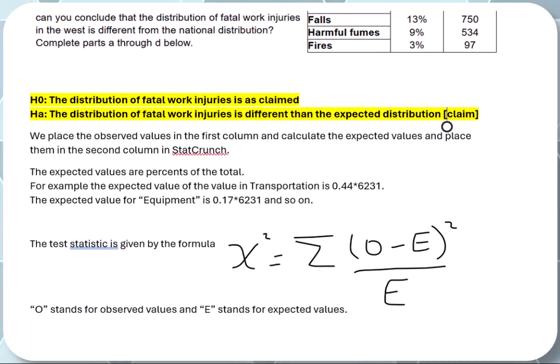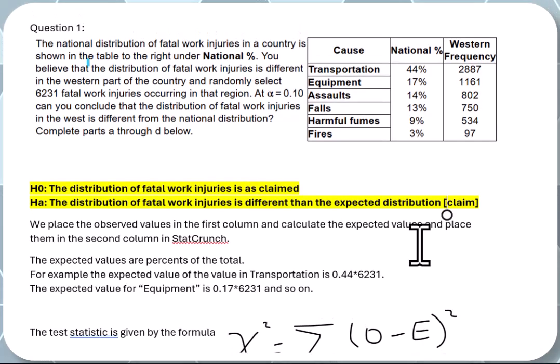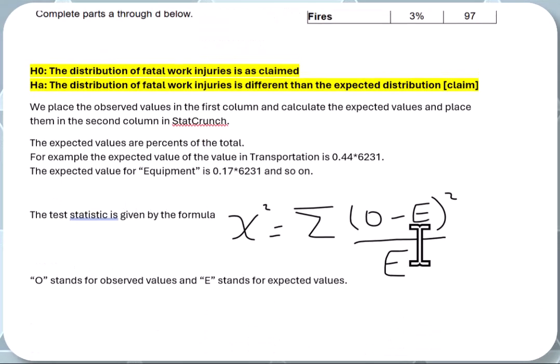This is the test statistic. That's the formula. It's a chi-square distribution. It's the sum of O minus E squared divided by E. O means observed and E means expected. The observed values, as you know, are the O's, and the E's we have to calculate. These are the percentages that we need in order to compute the E's.